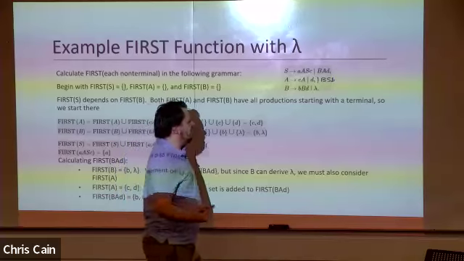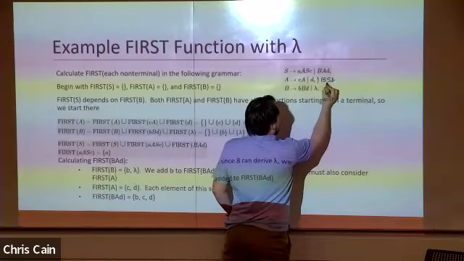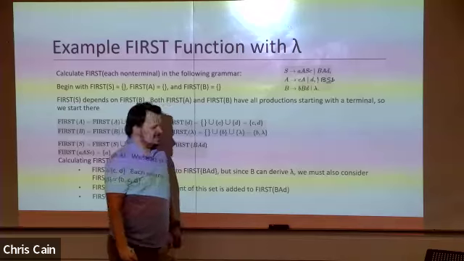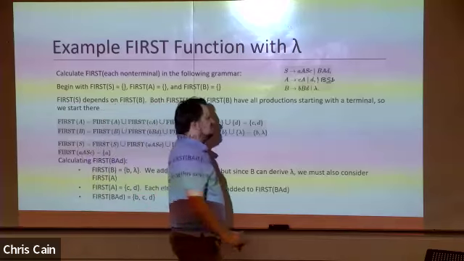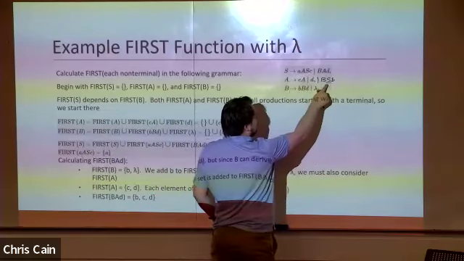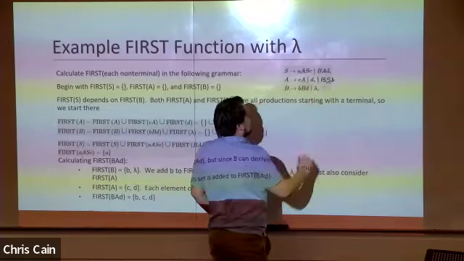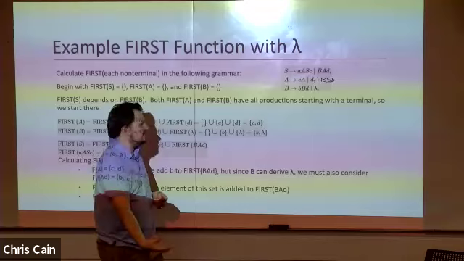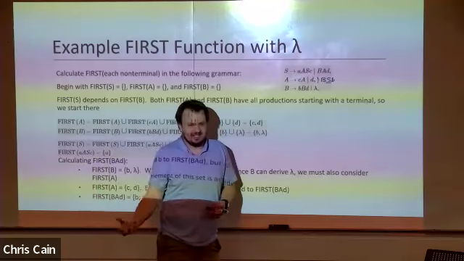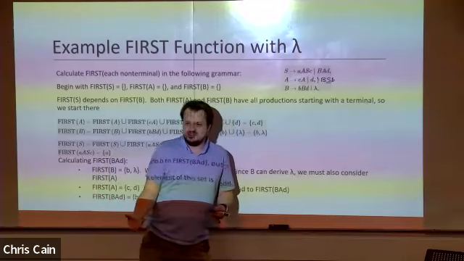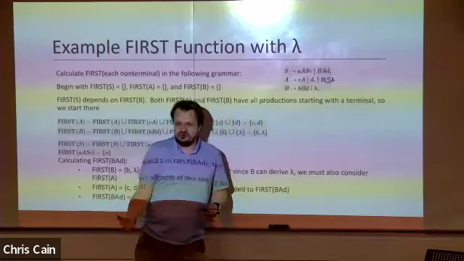And that somehow is that we would recognize that we're answering the problem first of S. Because we're storing this, we want to make sure that we don't actually go and calculate first of S, because we're already calculating first of S. We never want to recursively ask the same question we're already asking.